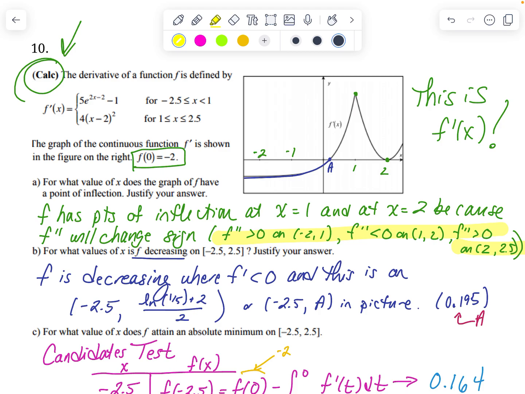Be very elegant in the way that you talk about that. Okay, then I utilize some algebra and my calculator to find out that the point that I've labeled capital A has this decimal approximation. And the chunk of the graph that I have highlighted in blue on this screen is where f is decreasing because that's where f prime is negative.